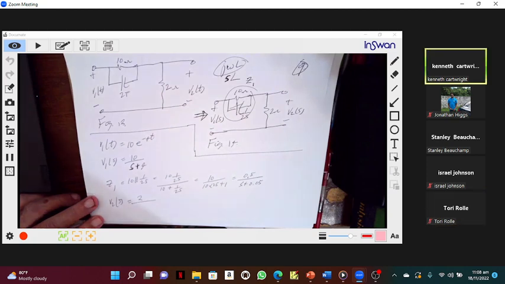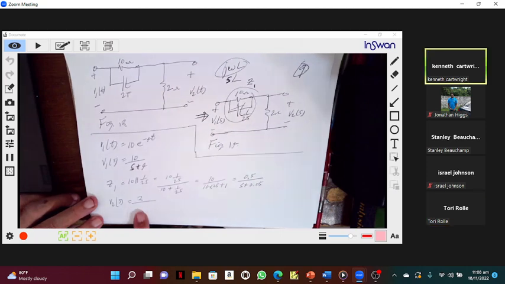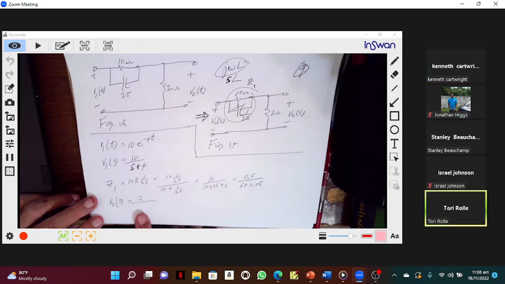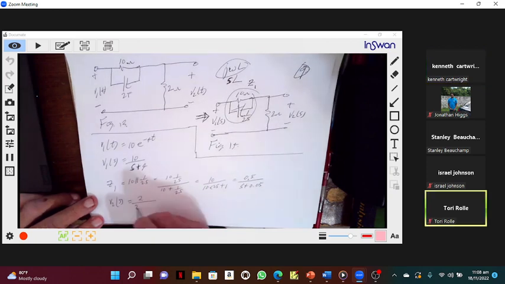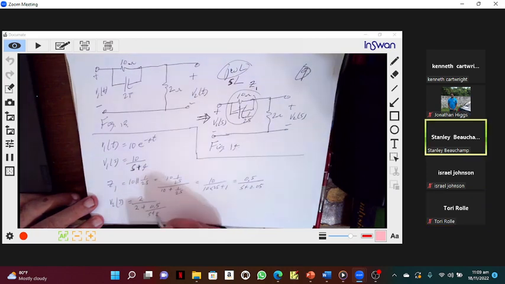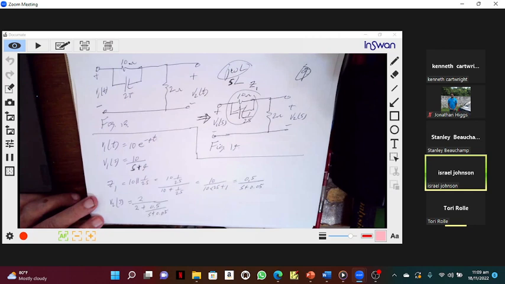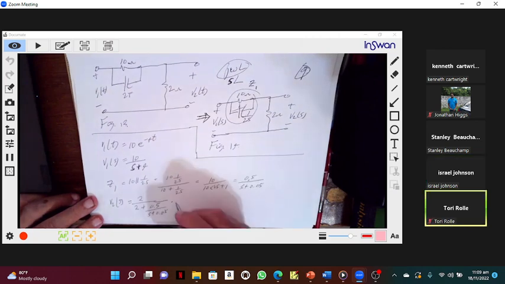You don't know the voltage divider rule. Times V1 of s, 10 over s plus 4.